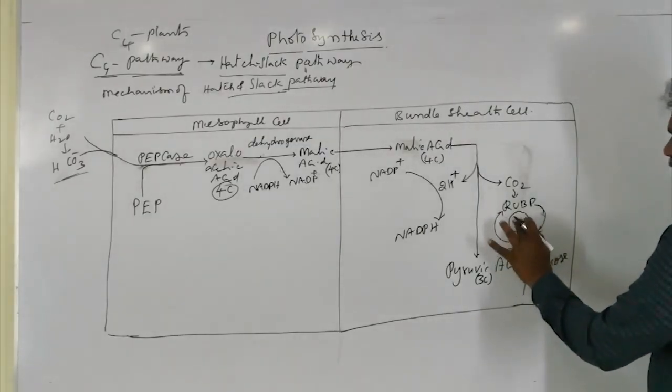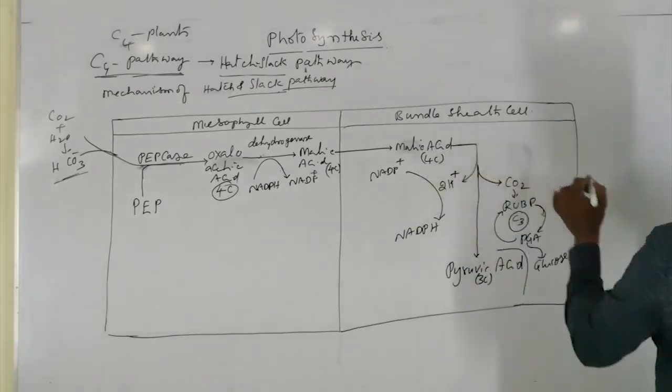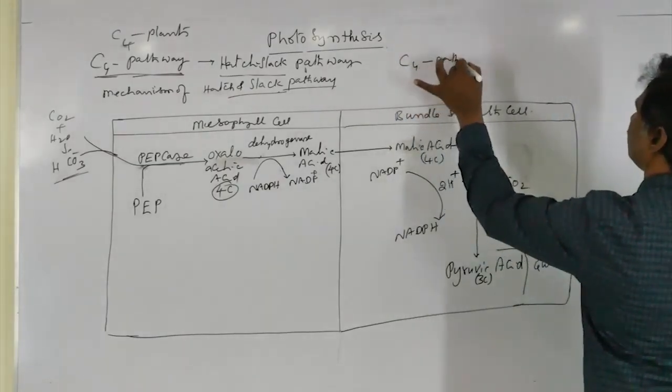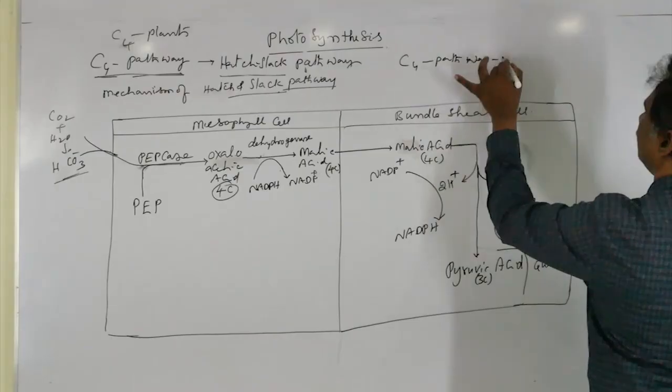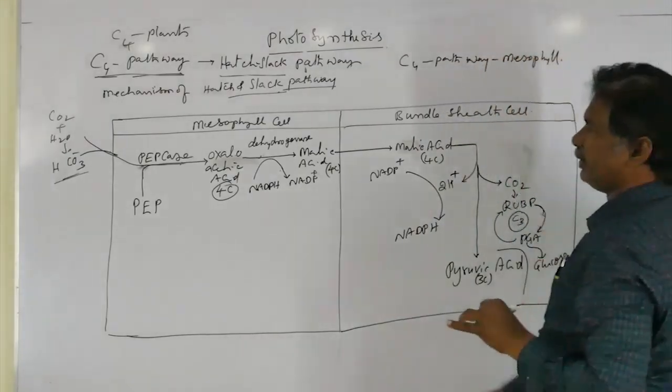That C3 pathway takes place within the bundle sheath cells. So the C4 pathway takes place in the mesophyll cells. This is the first carbon fixation.